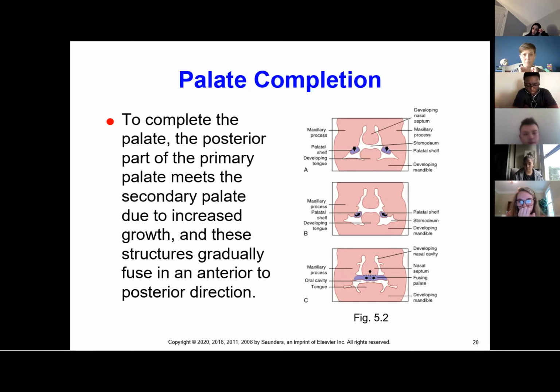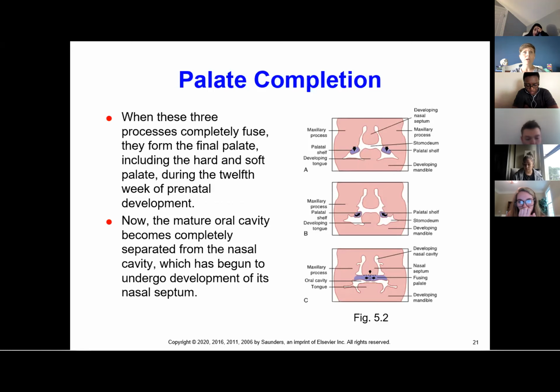So anterior to posterior, front to back. When these three processes completely fuse, they form the final palate. It includes the hard and soft palate, and it happens during the 12th week of prenatal development.